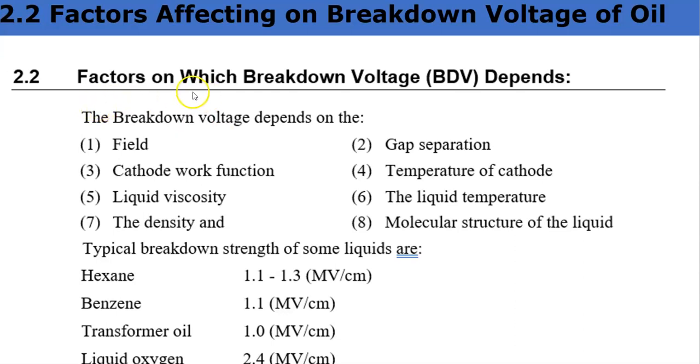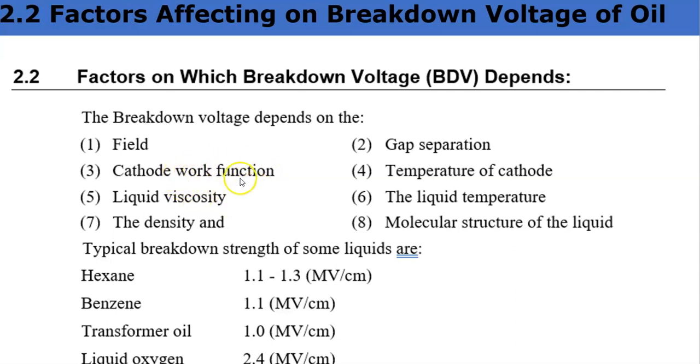So generally breakdown voltage will depend upon field. What is the field intensity applied? So here in liquid we are talking about the field. Then cathode work function. Cathode work function means what? At what electric field intensity, when you are applying some voltage to the cathode and anode, will electrons start injecting from the cathode?